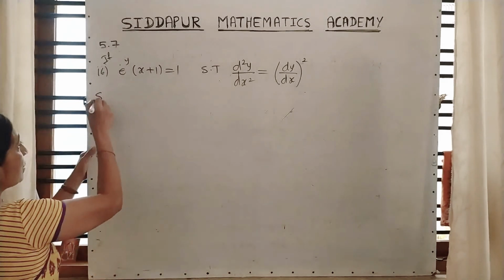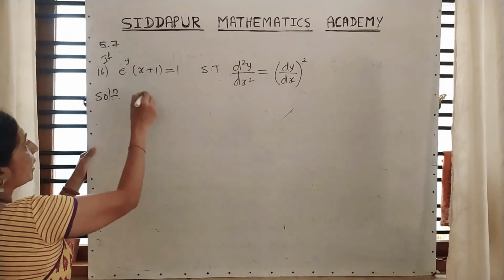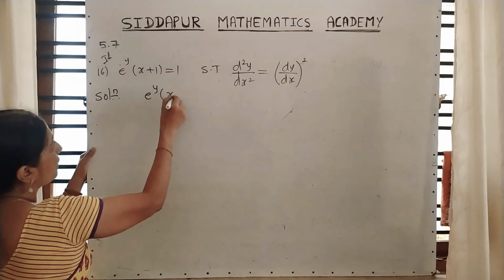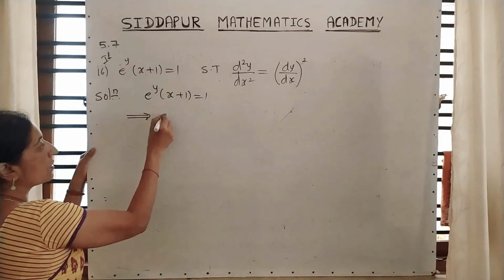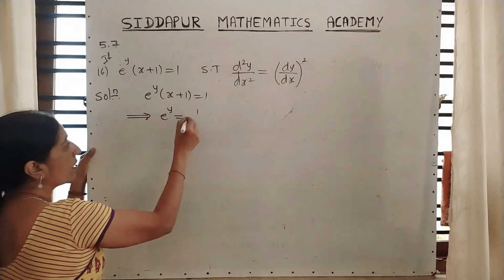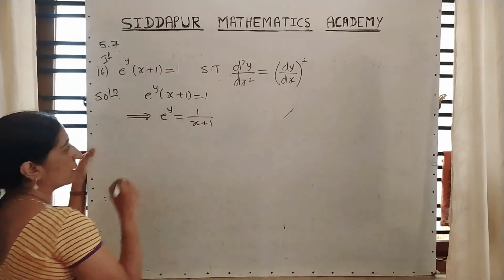Write down the solution. If you want, you can differentiate this as it is, or this I am writing as e raised to y is 1 upon x plus 1.